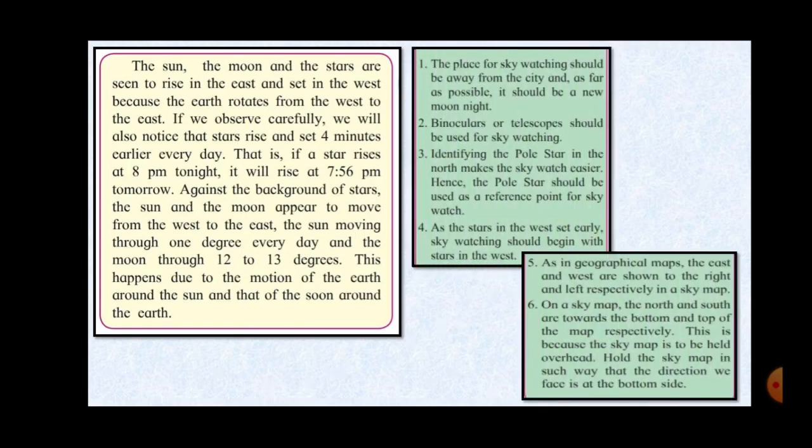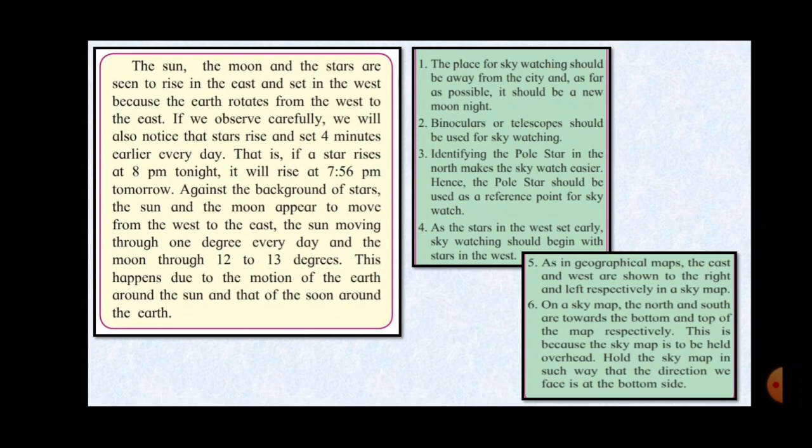Now, what precautions should be taken, or what are the conditions which should be observed when you are going for sky watching? Okay. Now, first is the place for sky watching should be away from the city, and it should be as far as possible from the city. Then we have to use binoculars or telescopes to watch the sky.